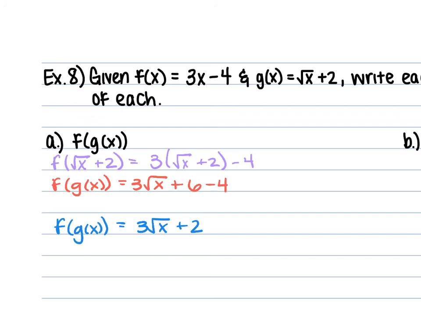Now, think about this. Your variable is underneath the radical. What can you not take the square root of? Any negative number. So x has to be greater than or equal to 0. You can take the square root of 0.